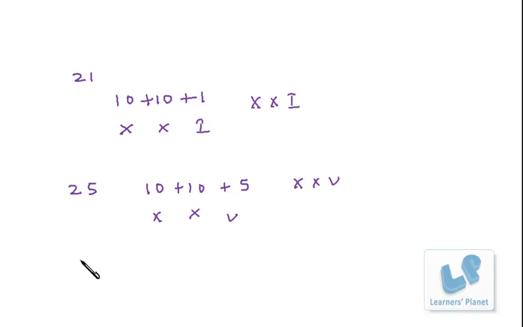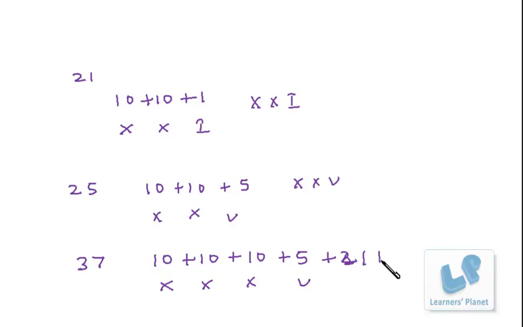Okay, and suppose you wish to write 37. So it's 10 plus 10 plus 10, 10, 20, 30, then 5, then 2. Okay, so 10 is X, then this is further X, this is further X, this is V, and this is not 2.